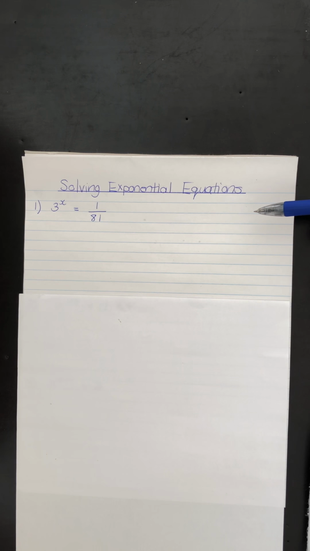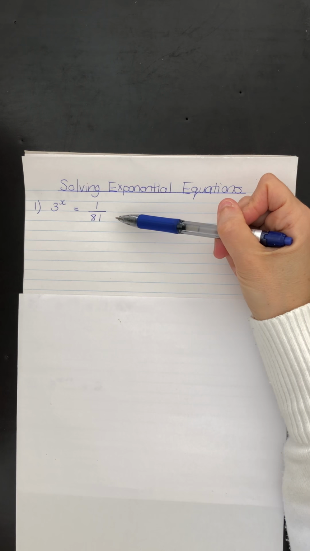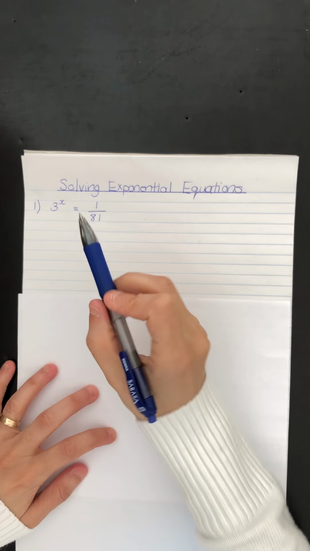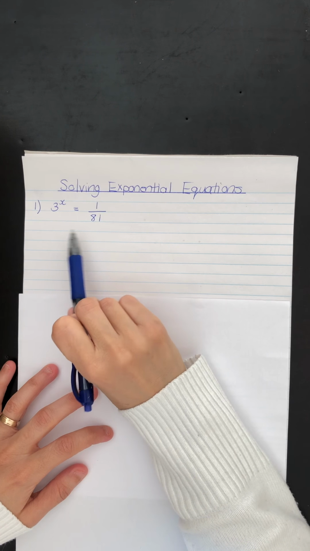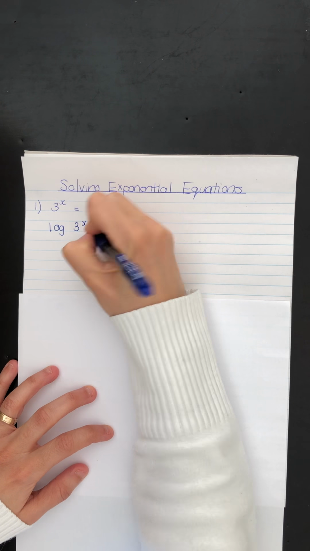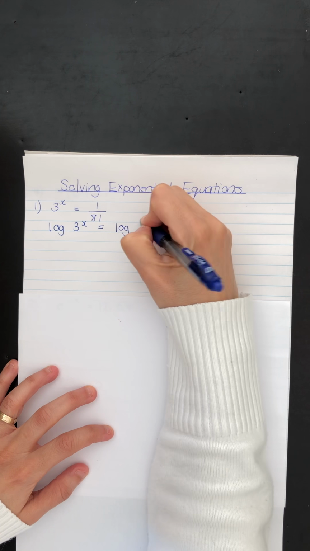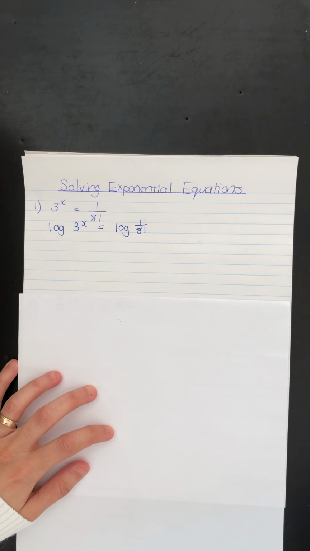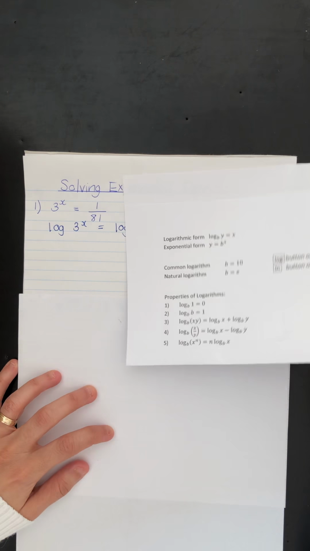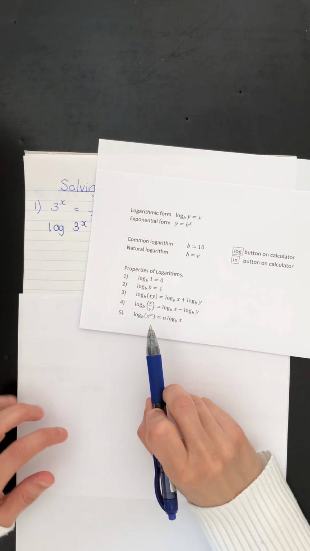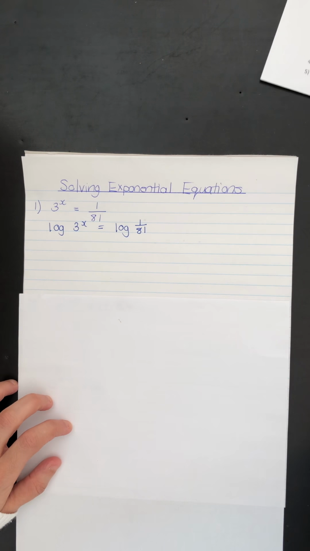So let's go ahead. This is solving exponential equations, example 1. We can solve this kind of equation by taking the logarithm of both sides. The reason we do this is because now we are able to utilize this last property of logarithms, which allows us to bring that exponent forward.